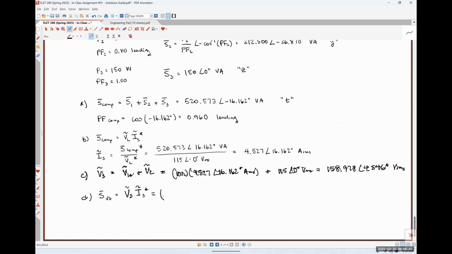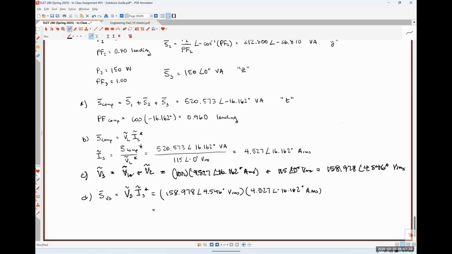So that would be 158.978 with an angle of 4.546 degrees volts RMS. The conjugate of our current will be 4.527 with an angle of negative 16.162 degrees amps RMS.